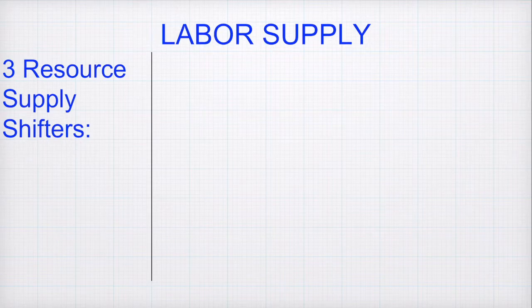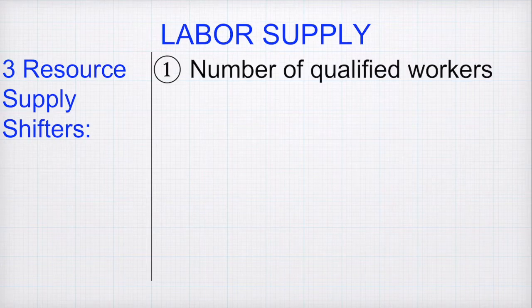So what will determine how much labor households are willing to supply? Number one, obviously, is the number of qualified workers in a specific market, right? As you will see, that partly determines the wage, and I'll give you an example of that in a bit.